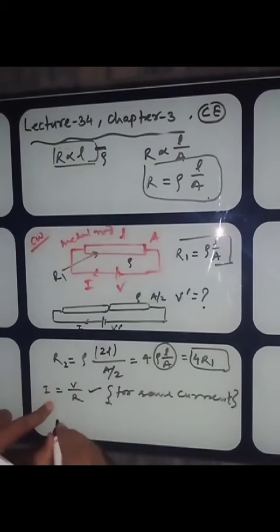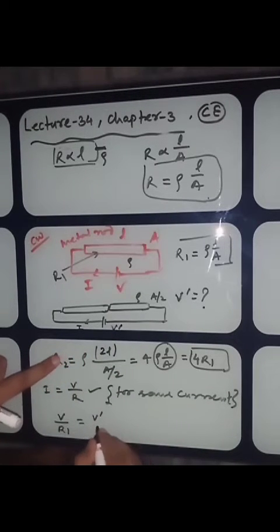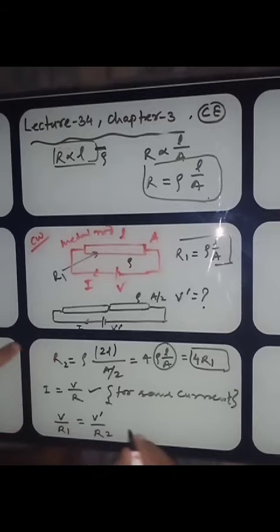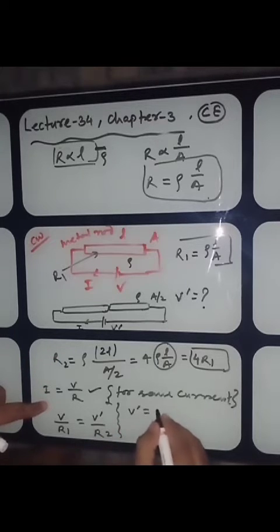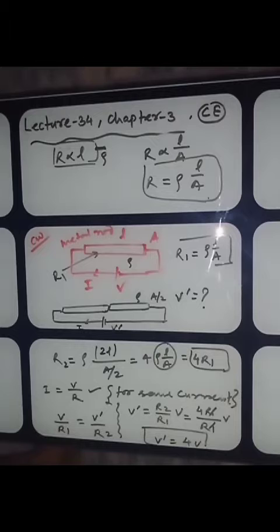V over R1 is equal to V dash, which we don't know, over R2. Now we have to find V dash. So it is R2 by R1 into V, and R2 is 4R1, divided by R1, into V. So V dash will be 4 times V. So this is the simple answer.